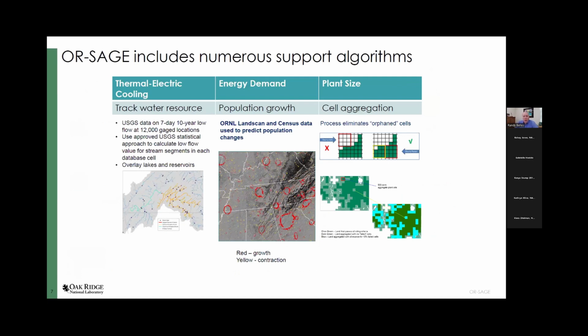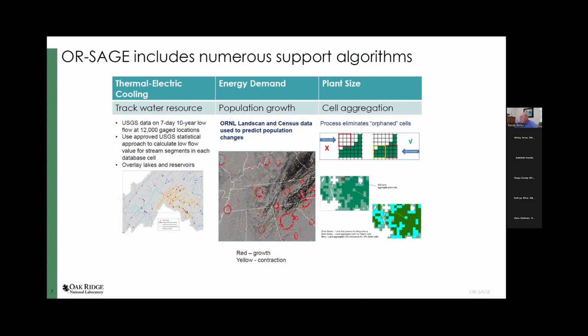Okay, the tool uses several supporting algorithms. We use a support algorithm to track water availability using United States Geological Survey gauge locations. That's what's being shown on the left, and we can calculate then a water value for each cell in the database. We can forecast population growth or decline, and that's what's shown in the middle picture there.